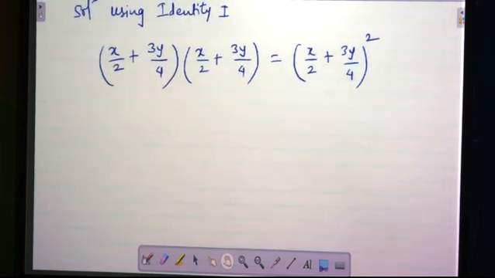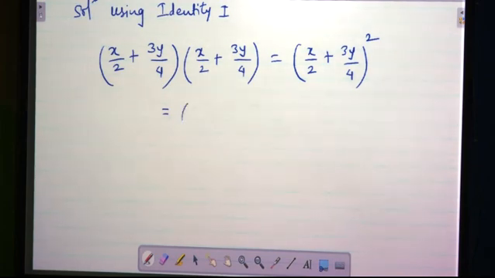What is the value of a? A is x upon 2 and b is 3y upon 4.